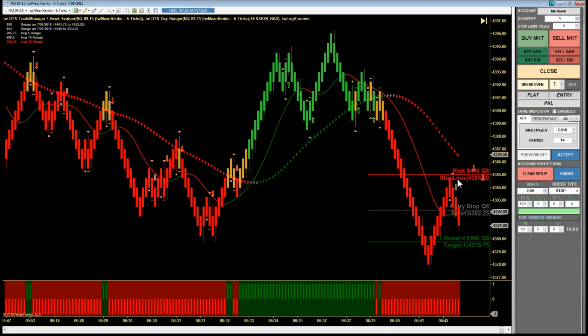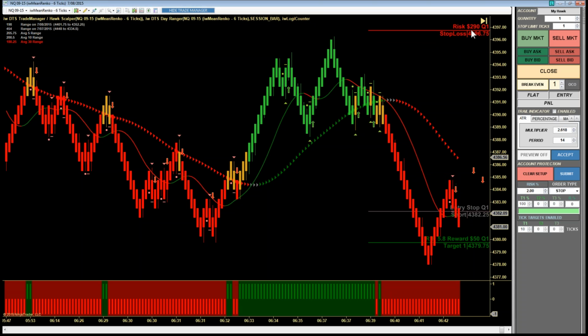If I set up the trade tighter, oh look, I'm still risking $400. If I set up the trade really loose, let's say way up here, oh, I'm just on the cusp. Hold on, I can go a little further. If I go way up here, all right, well, I'm risking $300, but you get the idea.